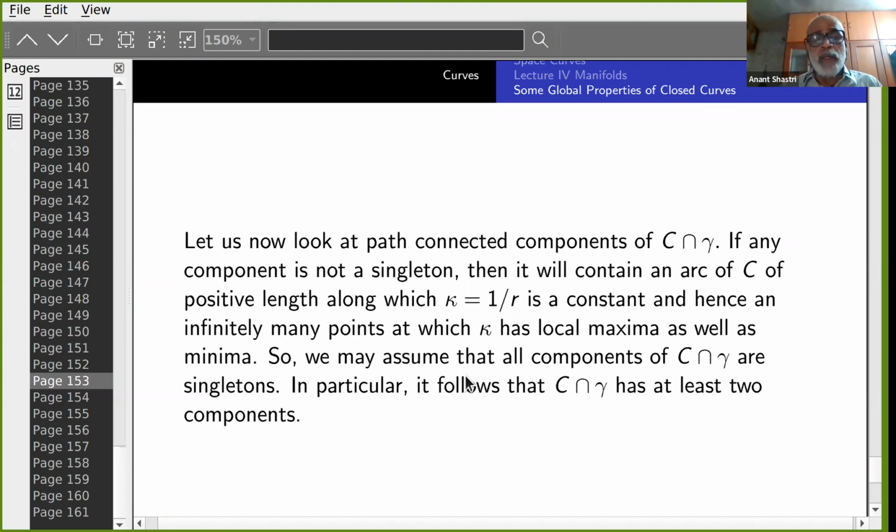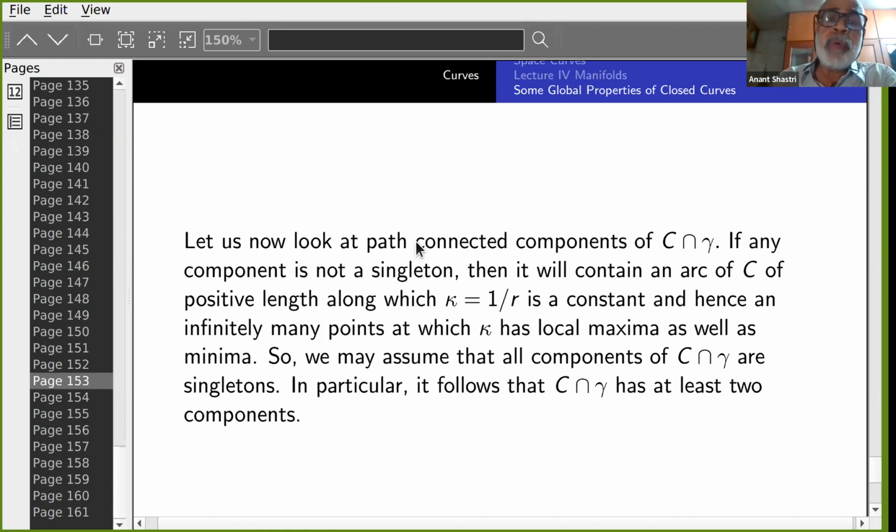Okay, so we may assume that all components of C intersection gamma are singletons. In particular, it follows that C intersection gamma has at least 2 components. If it's one component, it will be a singleton.